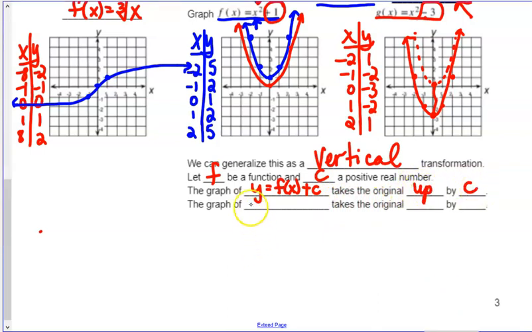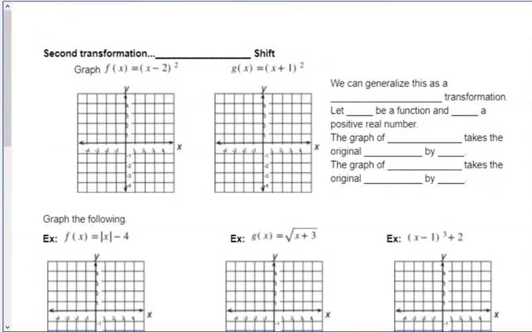So we're vertically shifting up. If I have y equals f of x minus c, then that takes my original graph down by c. Okay, so plus a number goes up, minus a number goes down. So let's keep that in our toolbox.